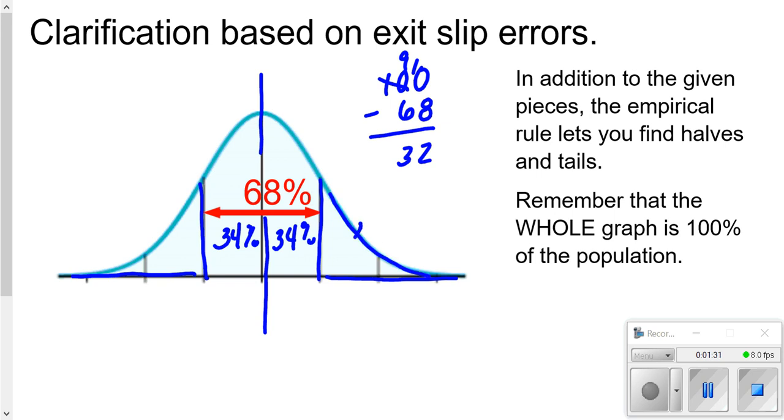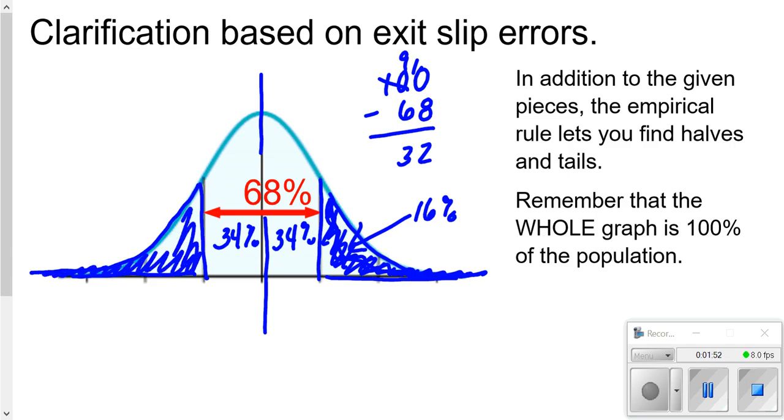So this tail is 16%, and I am not pointing just to this one section. I am including everything up to as high as we go, even past the third standard deviation line. This graph comes down and it hugs the x-axis, and it just keeps going. So this entire space on each side is 16%.